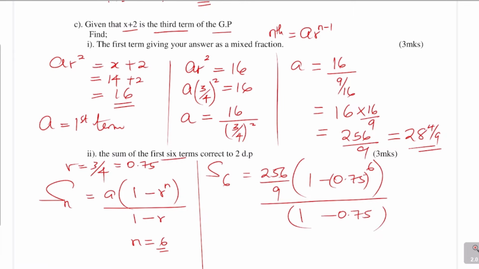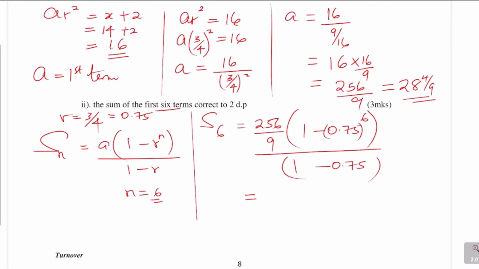And at this stage, you can simply use your calculator. So use your calculator very well to work out these. So we can simplify it. So using a calculator, you'll get 256 divided by 9, and then multiply by 1 subtract 0.75 raised to power 6.